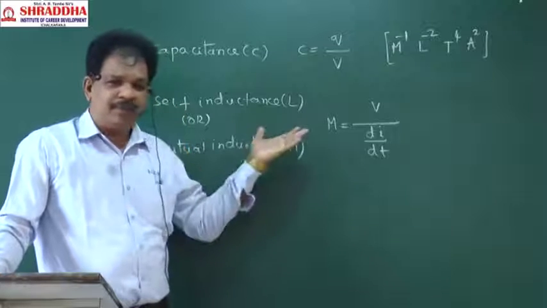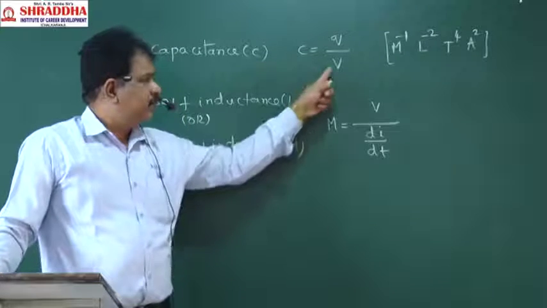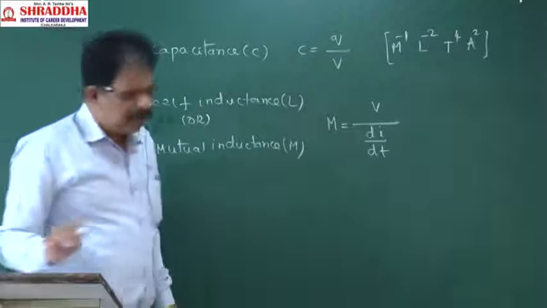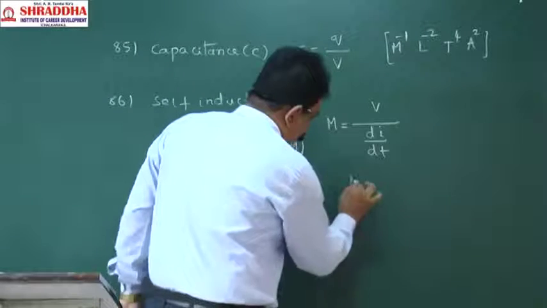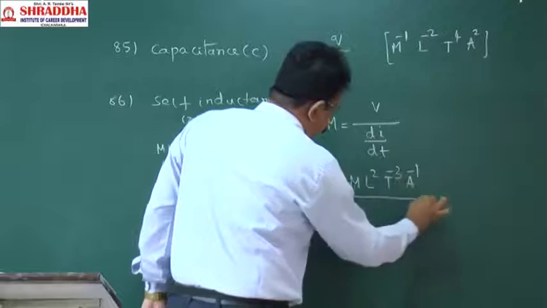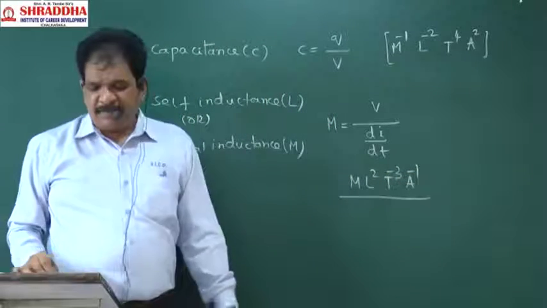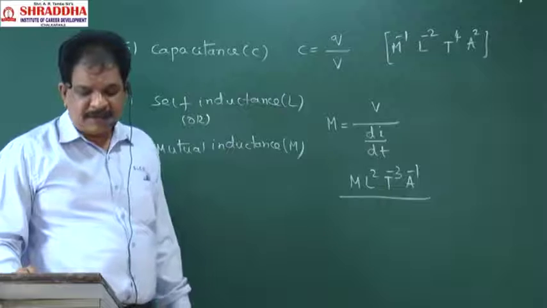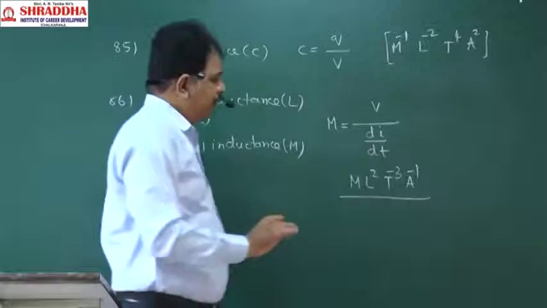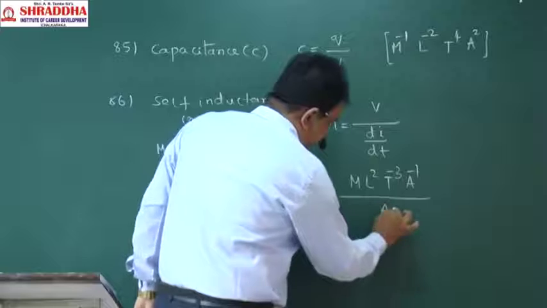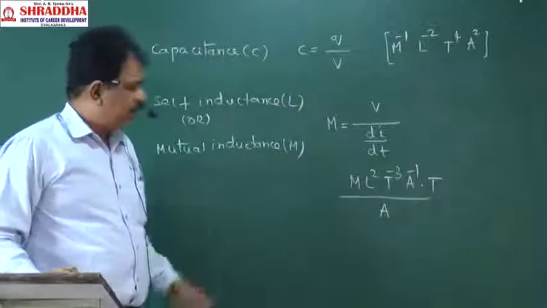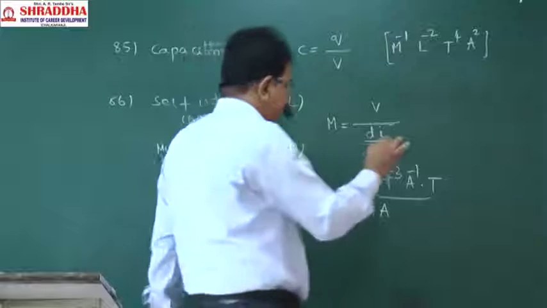V will be the potential difference. So the V dimensional formula is M L square T power minus 3 A power minus 1. In di by dt, this is A, this will be T. Then what we will get here: M L square T power minus 3, and T in the denominator means T power minus 2. This A comes to the numerator. So A power minus 2.